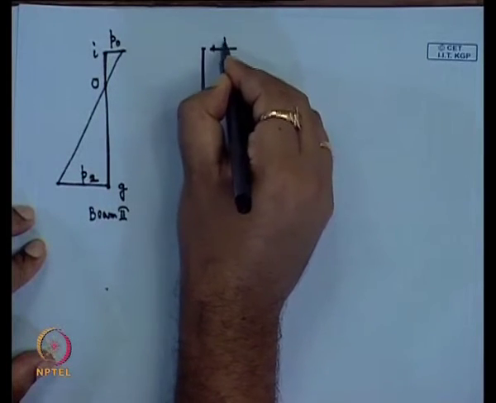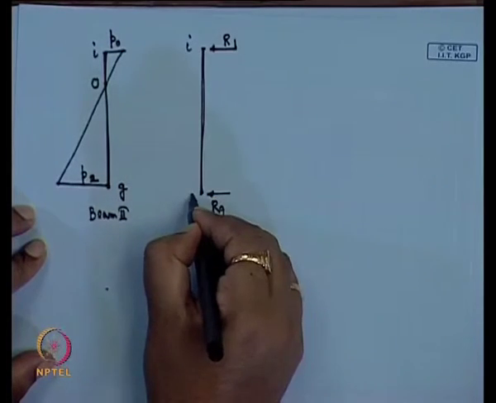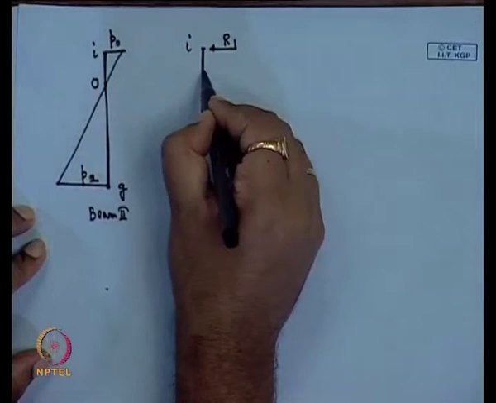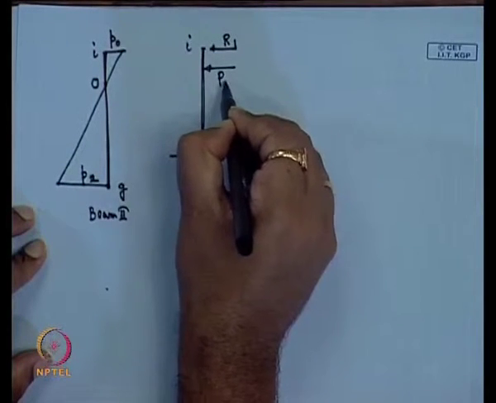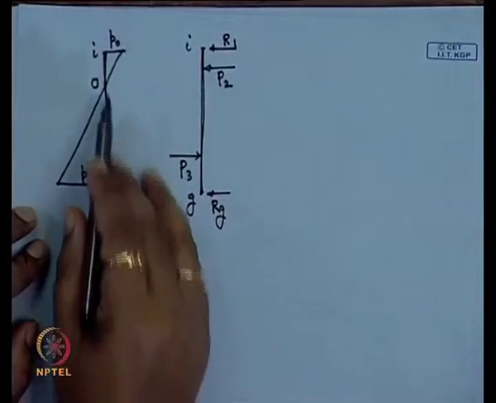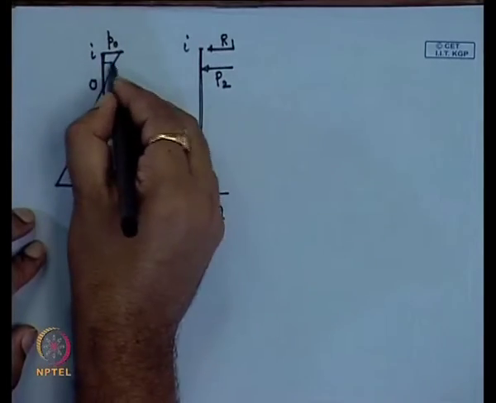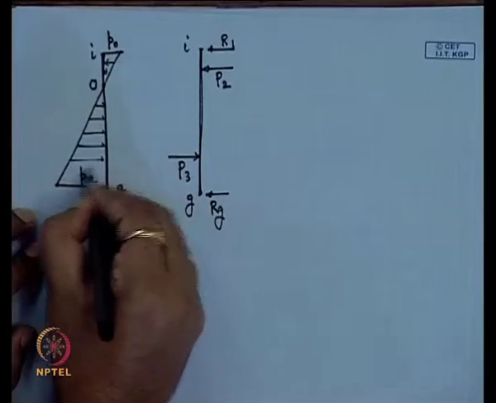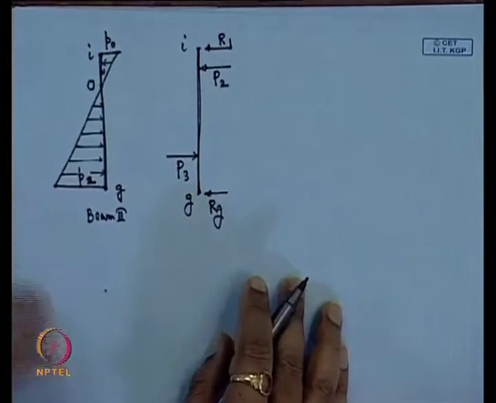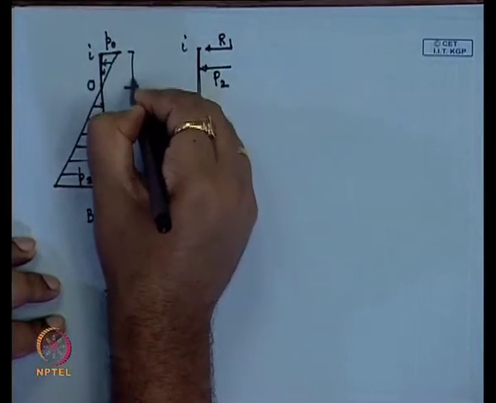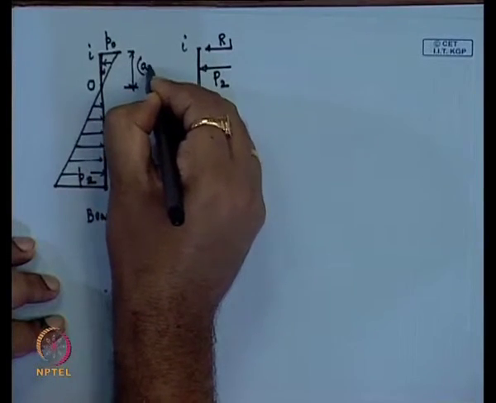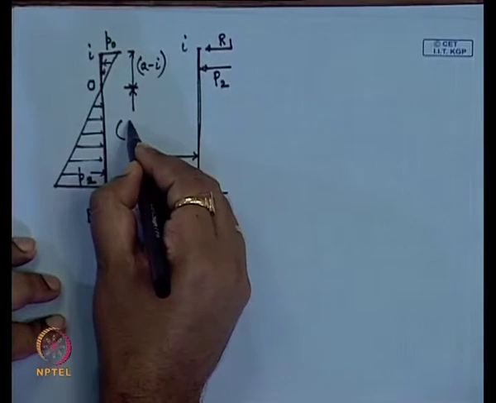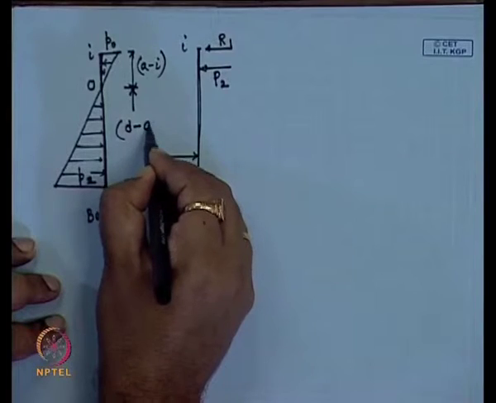Similarly, R 1 is coming from the top beam 1, and then the P 3 total force, the P 2 for this small triangle, and this P 3 for this bigger triangle. So this will act in this direction and these stresses will act in this direction. The distance here, as I have mentioned, is A minus I, and this distance from O to G is D minus A.